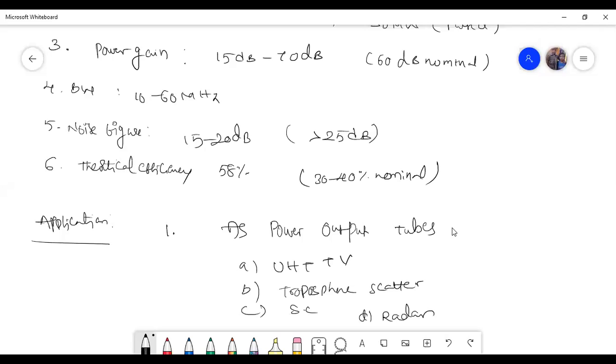Satellite communication ground stations, and radar transmitters.